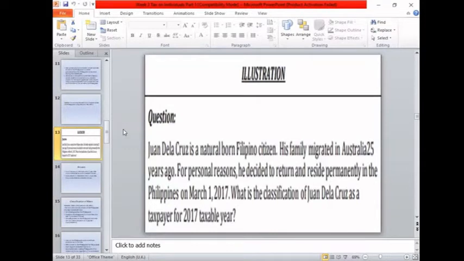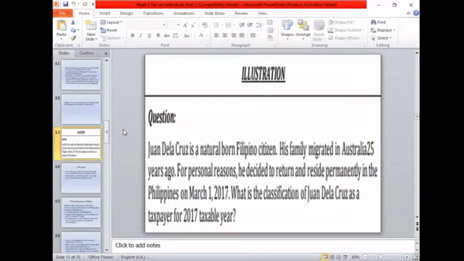So look at the illustration here. This is what I'm telling you, the change of status. Juan de la Cruz is a natural-born citizen. He grew up in the Philippines, but his family migrated to Australia 25 years ago.